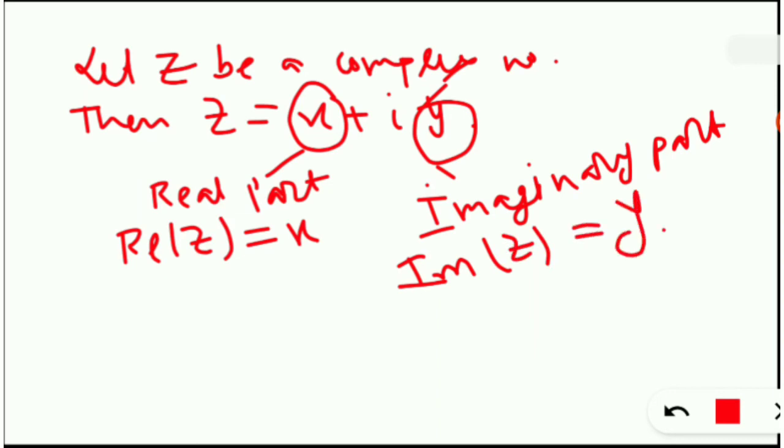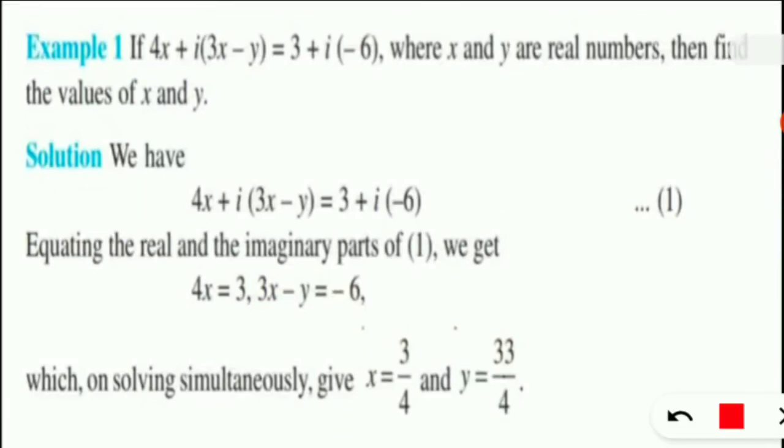Okay, so this is the real part and this is the imaginary part. Real part is denoted by Re of z and imaginary part is denoted by Im z. Okay, now students, we solve this problem.